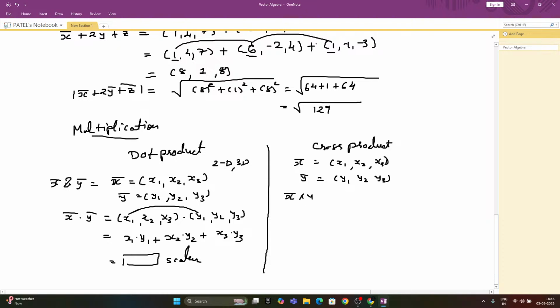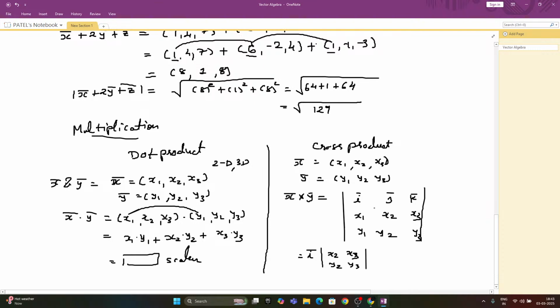So x bar cross y bar equals, we know that i, j, and k are the unit vectors. So the rows are i, j, k; x1, x2, x3; y1, y2, y3. So i times the determinant of x2, x3, y2, y3.